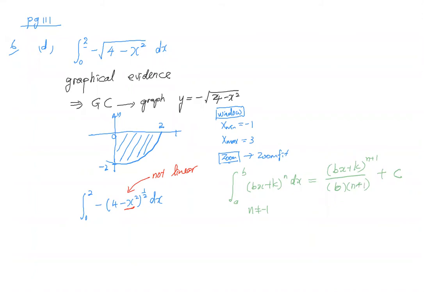Okay, so I cannot use this formula because it's not linear. So now, they say use graphical evidence. Then the other one is known area fact. What do you mean by known area fact?